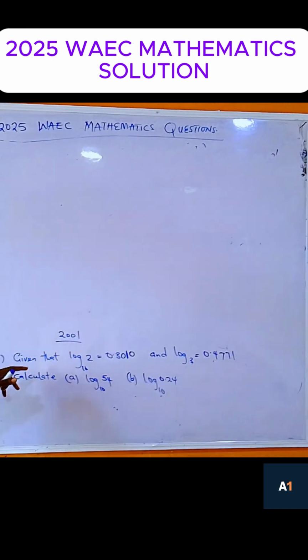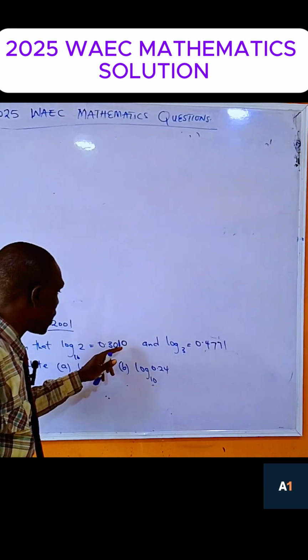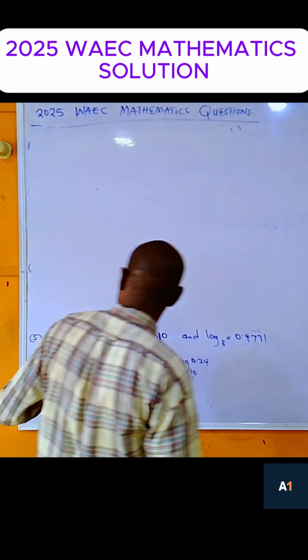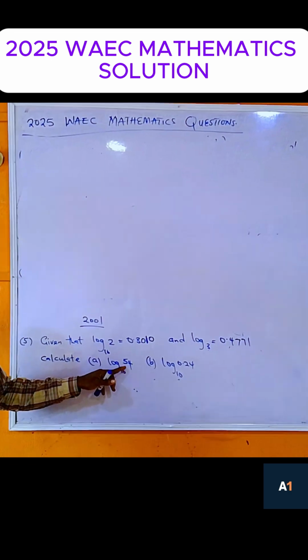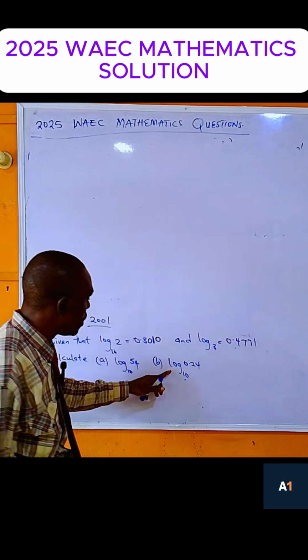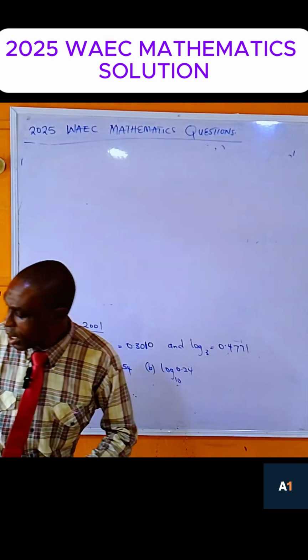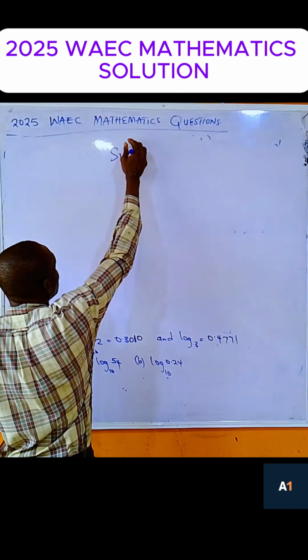They say, given that log 2 equals 0.3010 and log 3 equals 0.4771, we have to calculate log 54 base 10, and we have to calculate log 0.24 base 10. Now, in this case, you have to use your logical thinking for this solution.